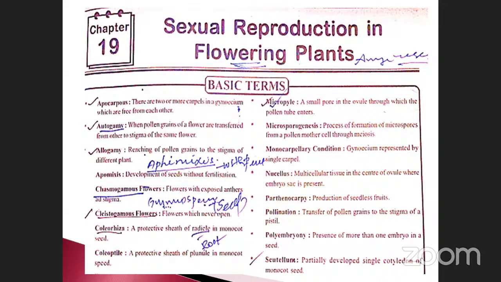That is called the micropyle. I'm asking, micropyle is mostly found in which one of the following? Fruits, seeds, ovule, or all of these? Anybody else?